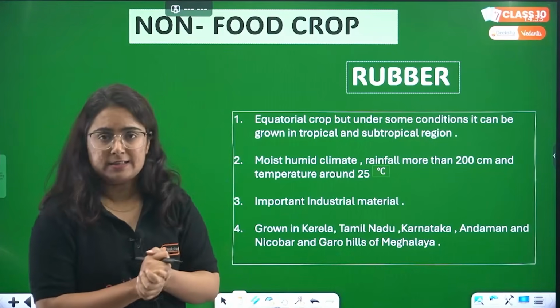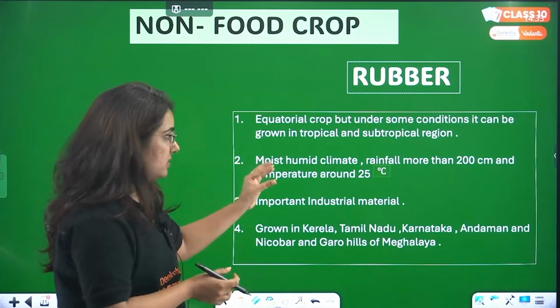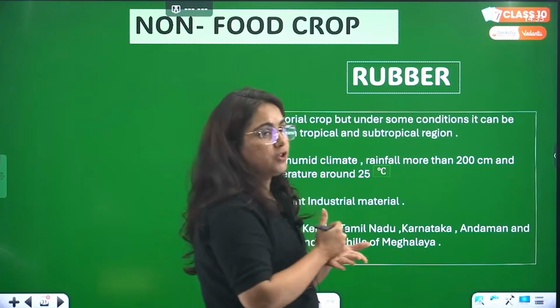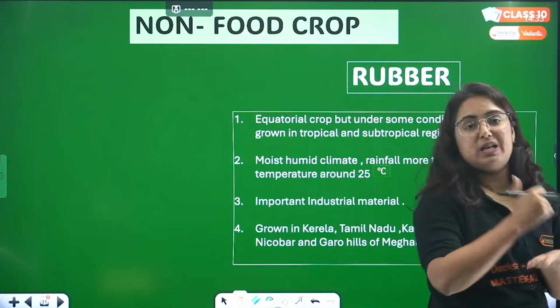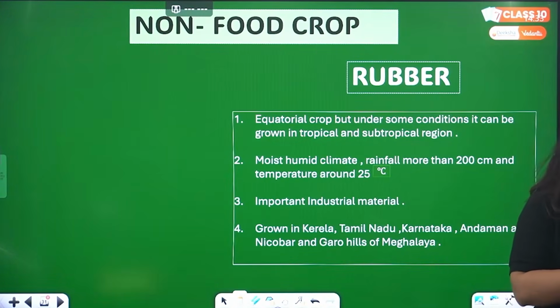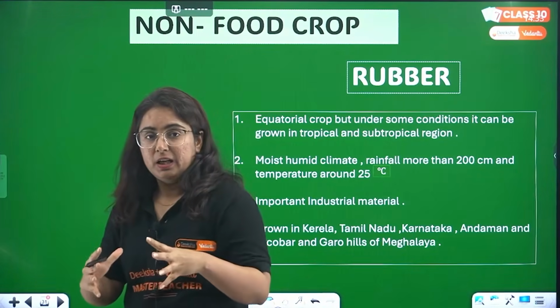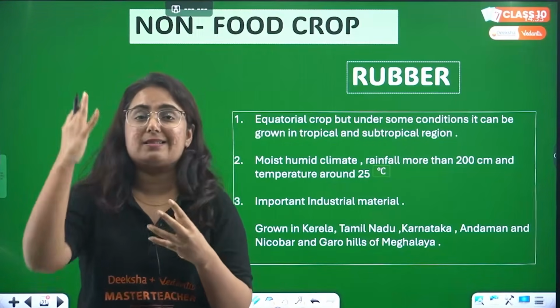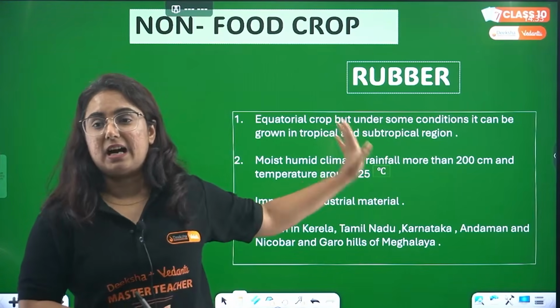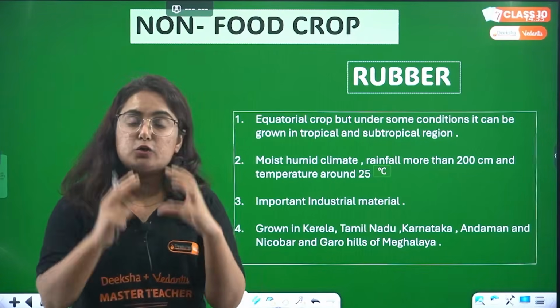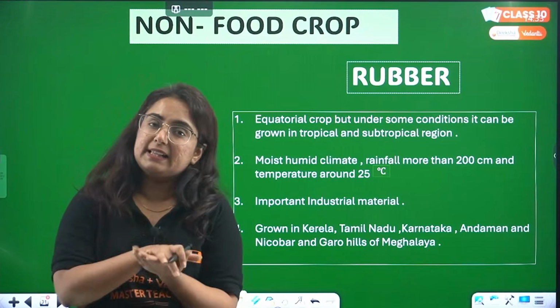Left of the Western Ghats, etc. If I give you a question that among whatever crops we have learned in today's session, tell me the crop which requires the highest amount of rainfall, then you will write rubber.